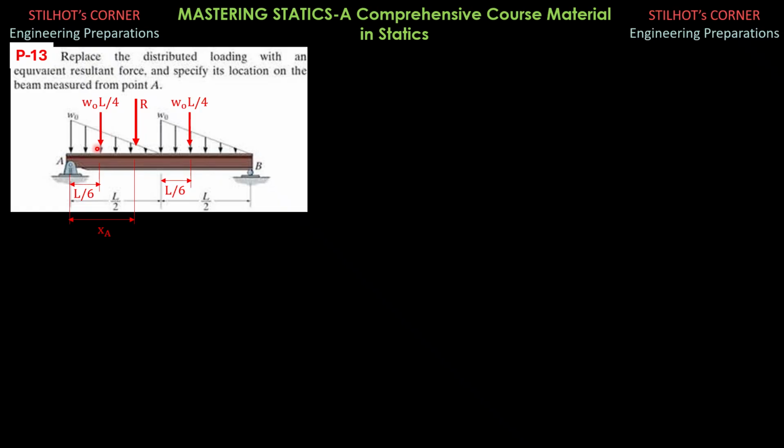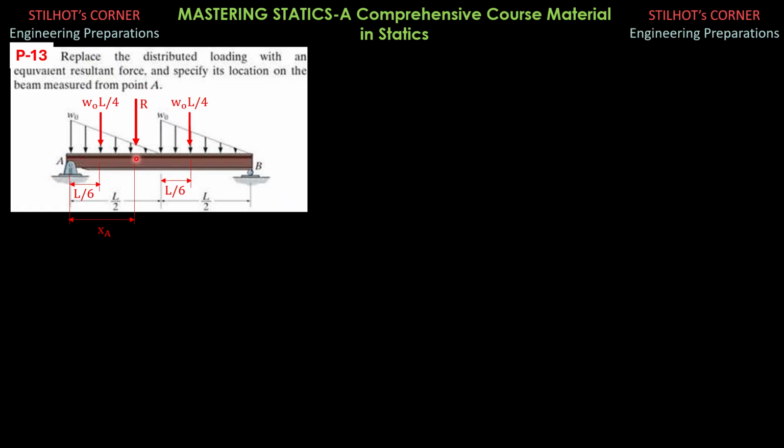This is 1/2 of L over 2 times wo, which is wo L over 4. Same is true here. This distance is 1/3 of L over 2, that's why we have L over 6.